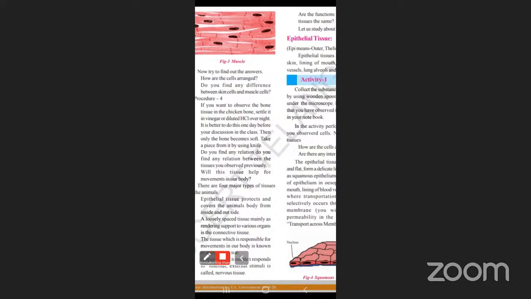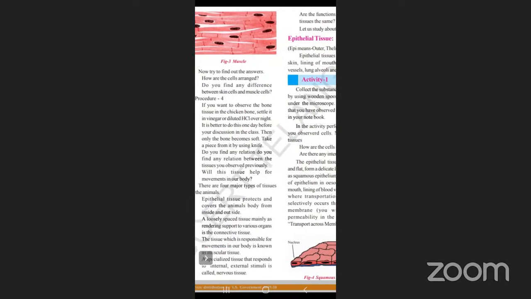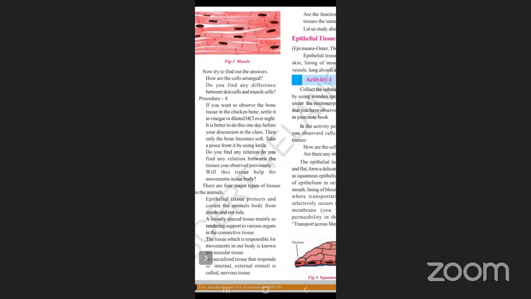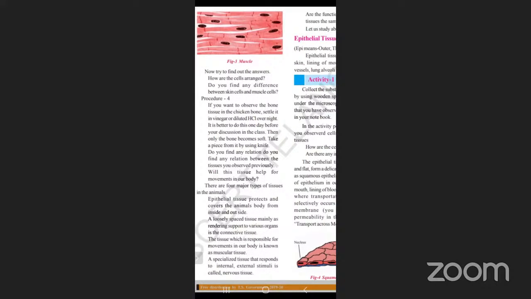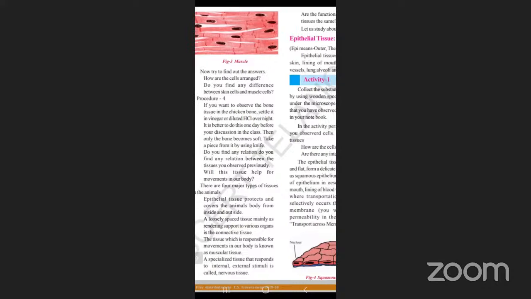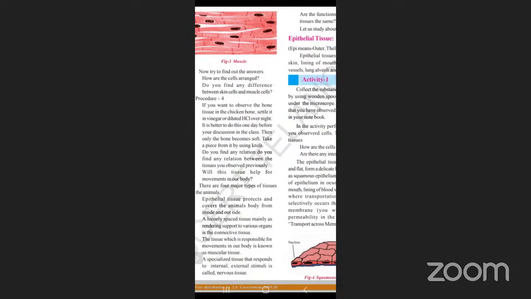Now, if you step on any sharp material, you will take your leg back within a fraction of a second. Nerve cells carry that message from the particular point where we detect that change to the brain, the central nervous system, and bring it back.